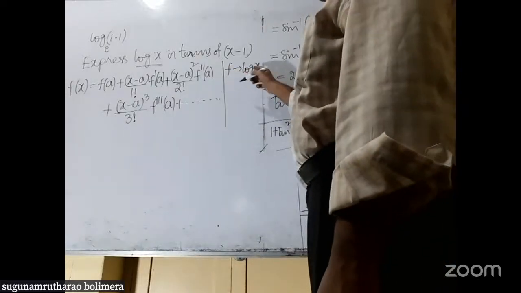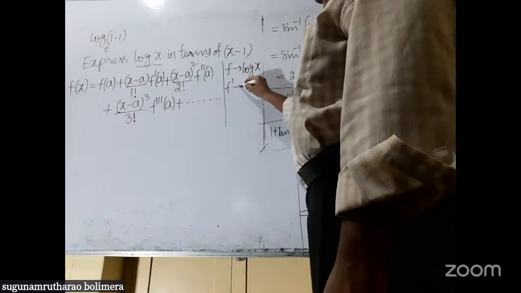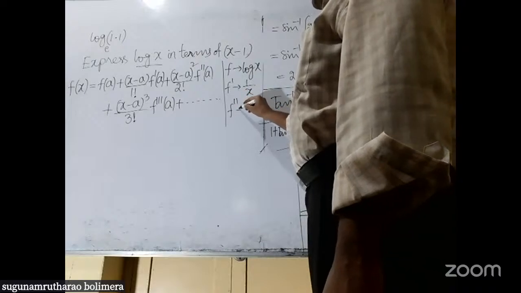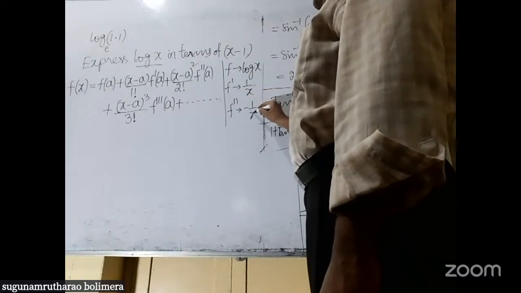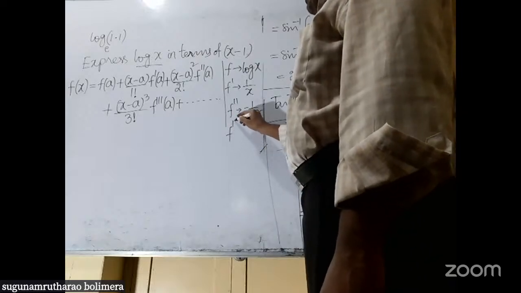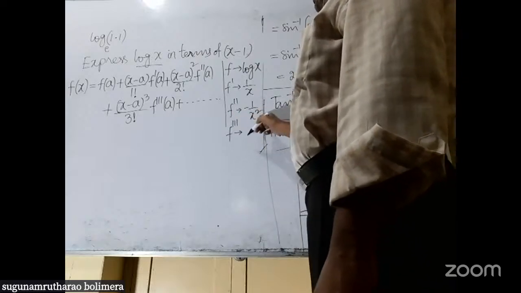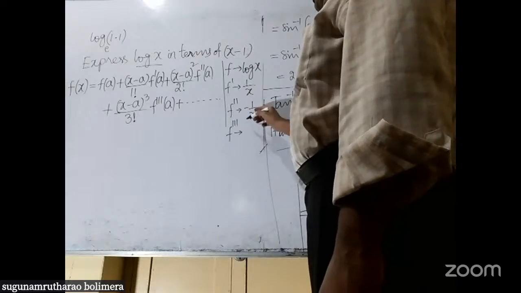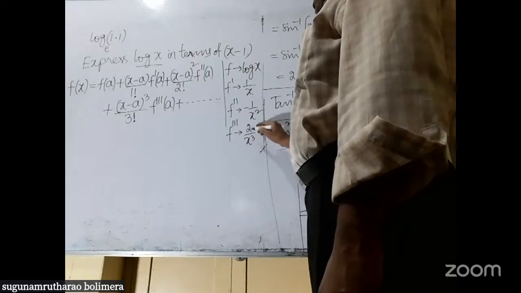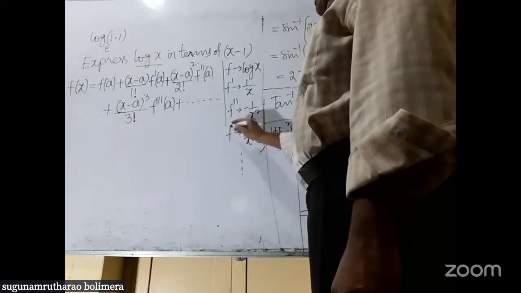Here f is log x, f dash is 1 by x, f double dash is minus 1 by x square, f triple dash is 2 by x cube, and so on.